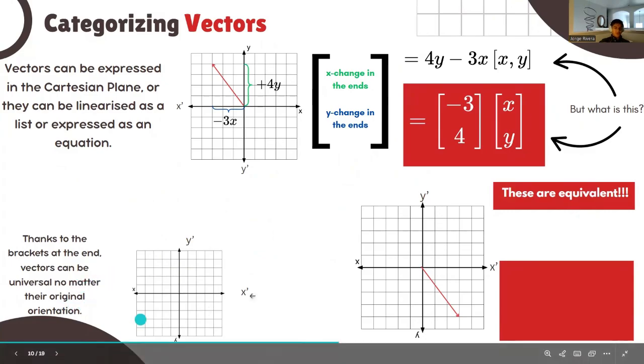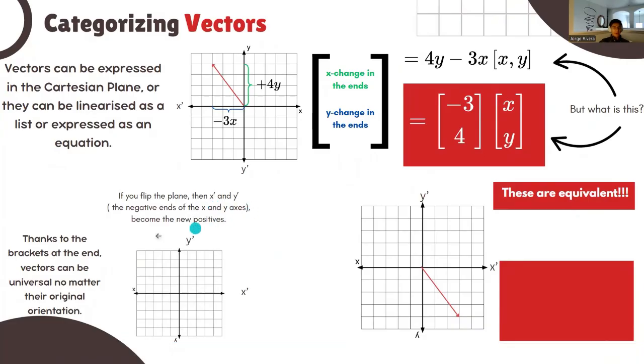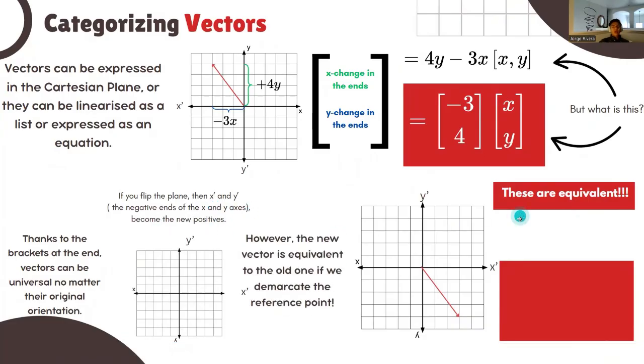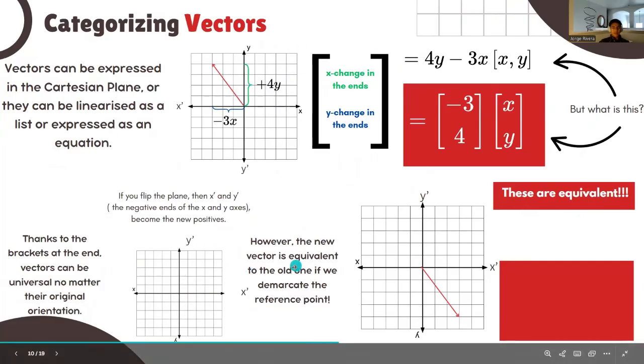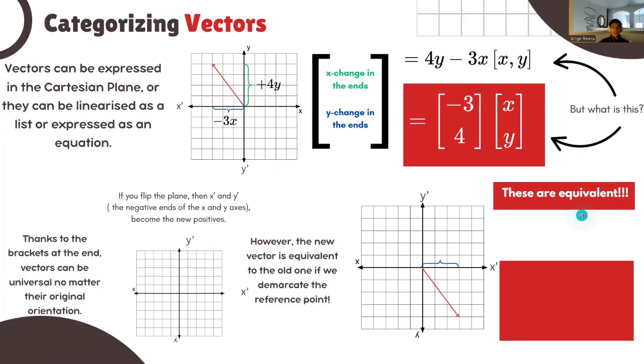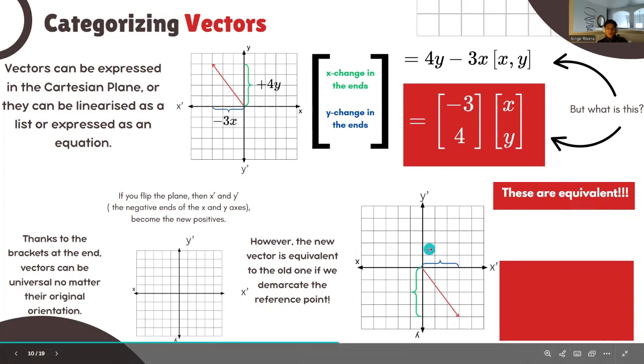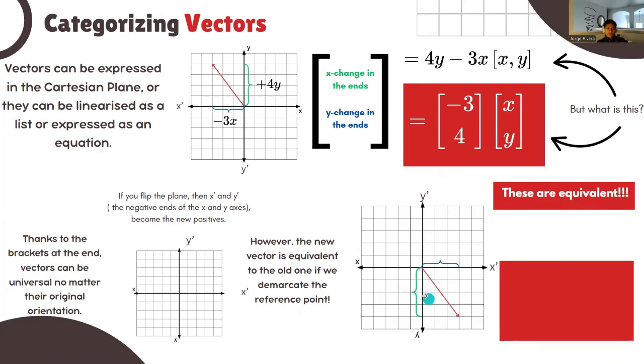Vectors can be universal no matter their original orientation. So if you flip the plane, then x prime and y prime become the new positives. However, the new vector on this new plane, separate from this plane, is equivalent to the old one if we demarcate the reference point. So here we have this new vector, well, this kind of new frame of reference. So we have this frame of reference.